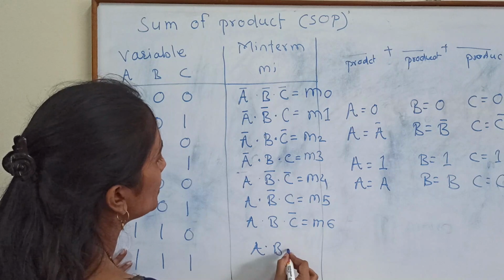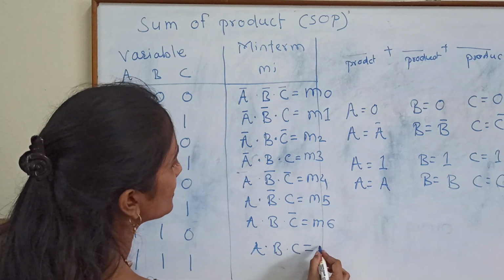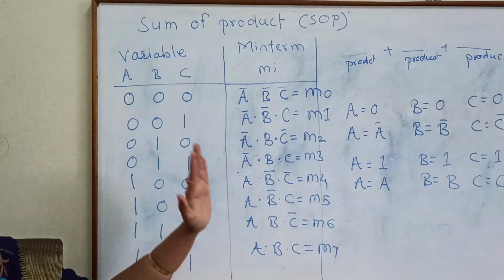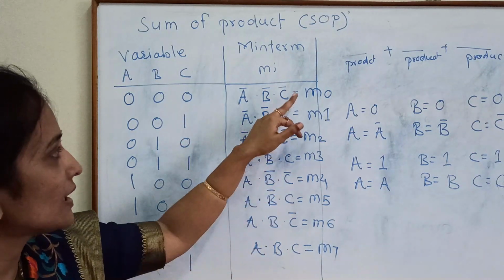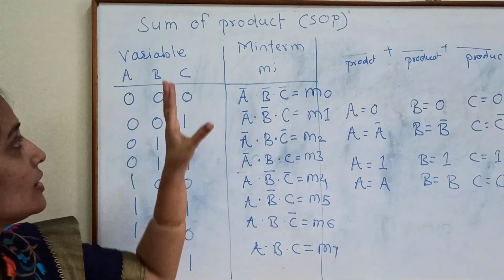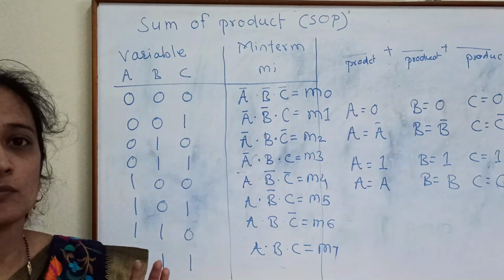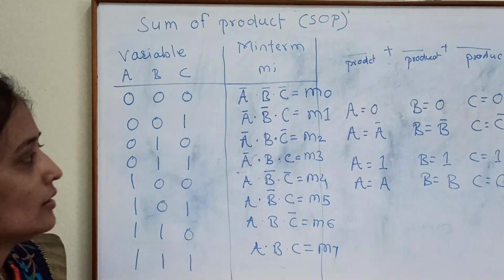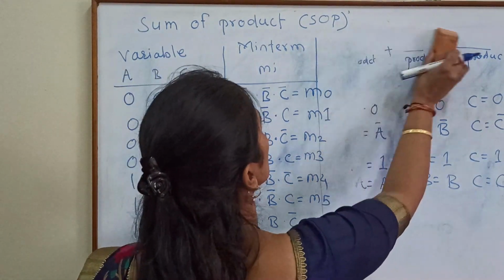A into B into C, that is equal to M7. We have written all min terms. These are called min terms. This is the table for min terms, and using this table we will solve the example. One example we will take here.